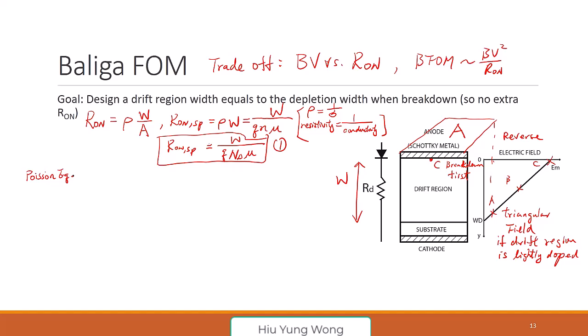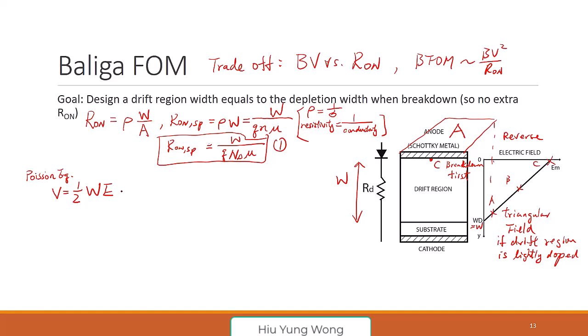If you remember that this is a triangular field, your integral of the electric field is equal to the potential drop, right? So the voltage equals half of the width, which I also call width, times EM. Are you okay with this?